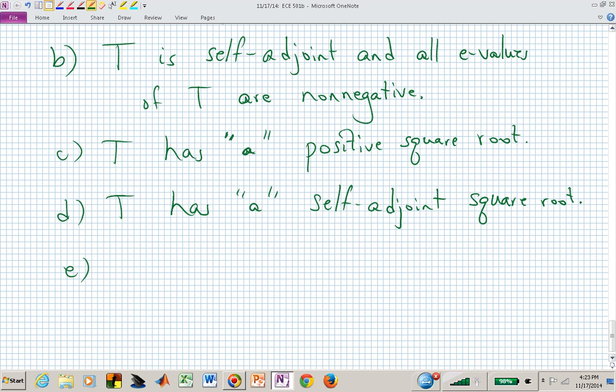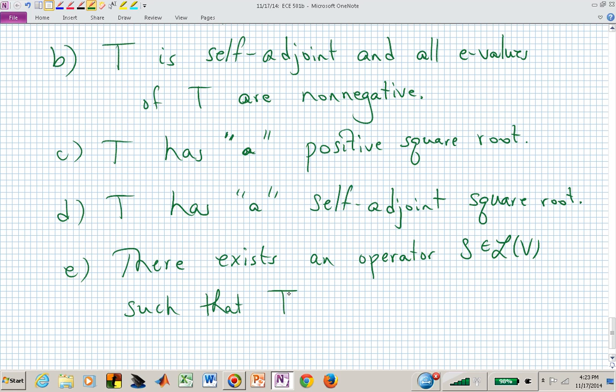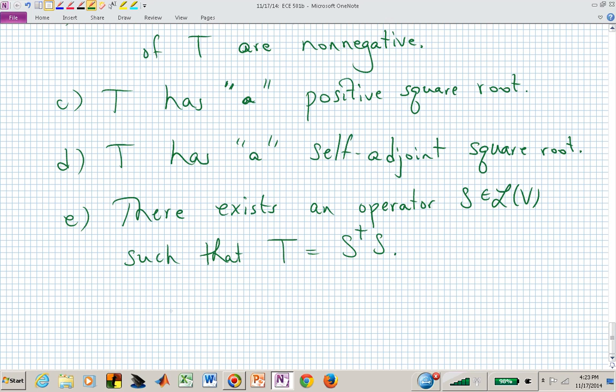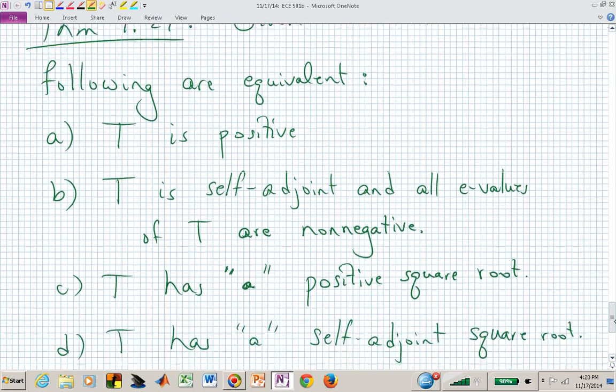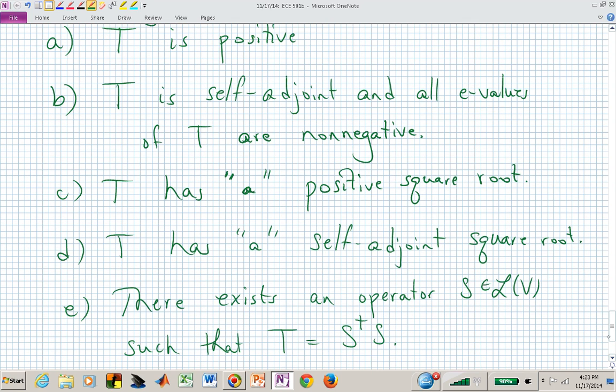And finally, E, if T is positive or any of the other statements, there exists an operator S that's a linear operator on V such that the original operator T is equal to S dagger S. All of those statements are equivalent, and so now if you wanted to talk about an operator being positive, you could also be thinking that it satisfies all of these other statements.